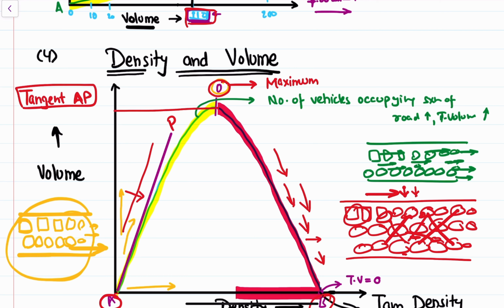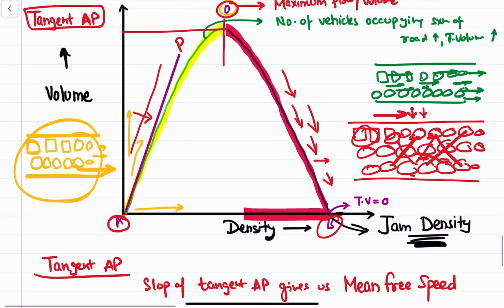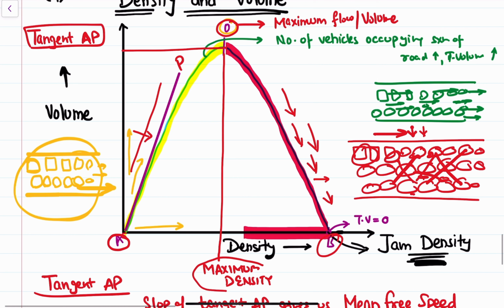Maximum flow or maximum traffic volume, corresponding to, if you observe here, maximum density. This means that at this density, at this number of occupancy of the vehicles, we will get maximum traffic volume. Alright.